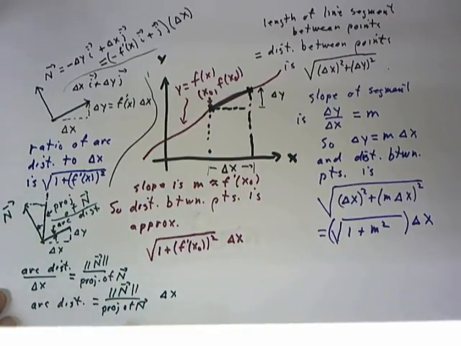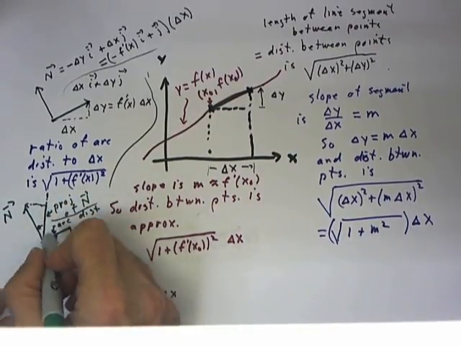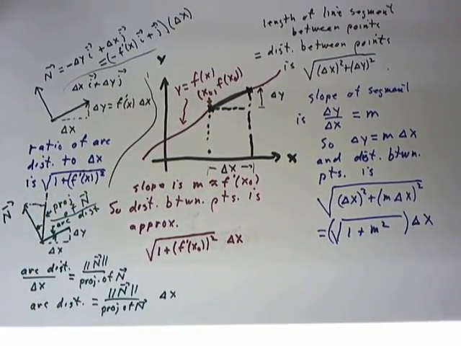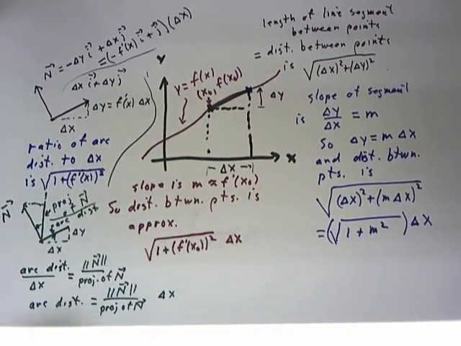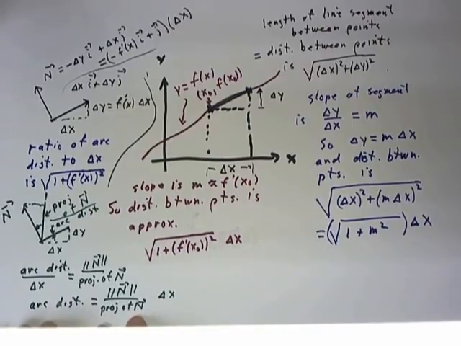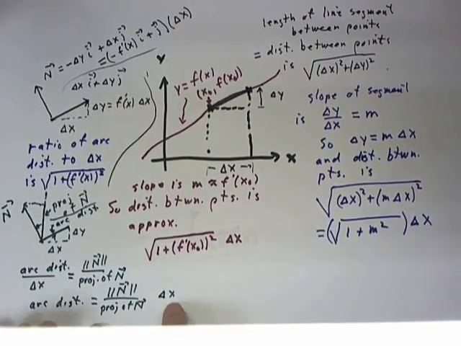I'm not being real specific about what projection we're using, because when we go to 3 dimensions, the axis on which we're projecting is going to change, but the picture is going to remain pretty much the same. And the thing you should understand before we do that is simply that if we know the vector n perpendicular to this segment, then by simple calculations on n, just by magnitude of n and projection of n on a certain axis, we get a number we can multiply by our delta x to get the arc distance.